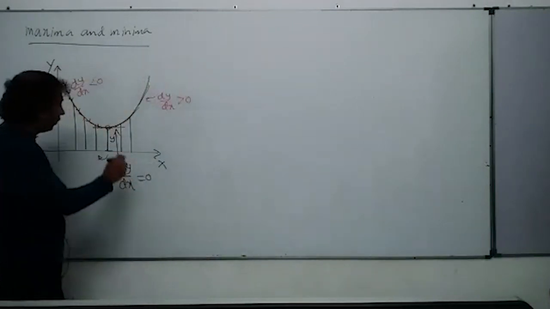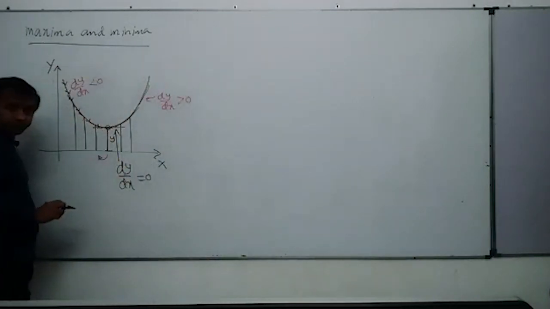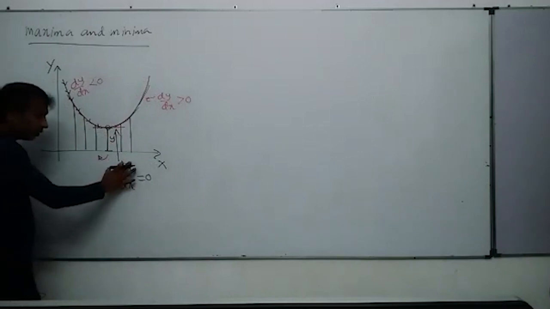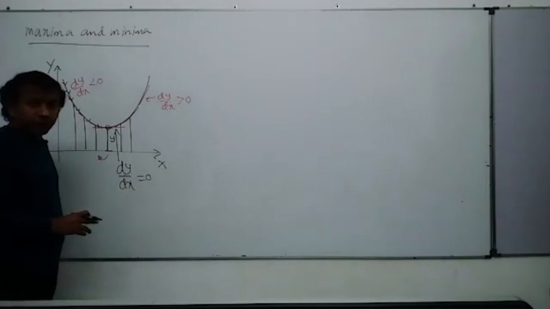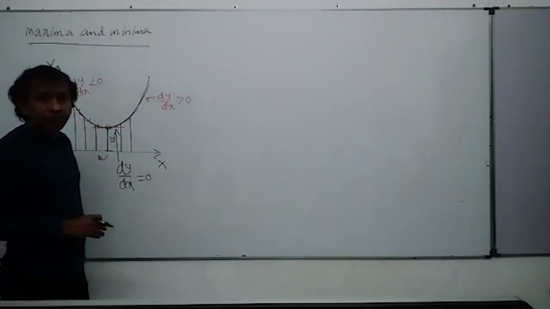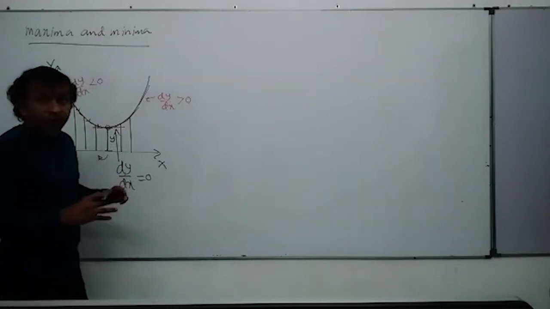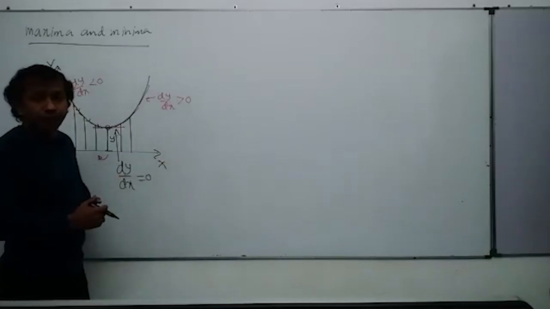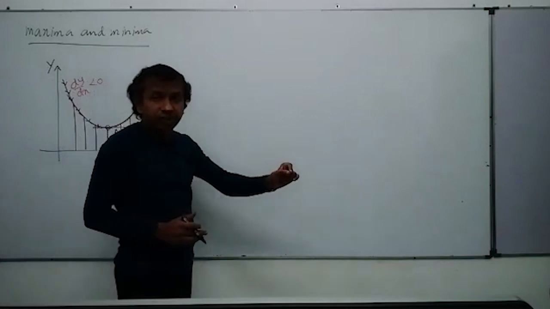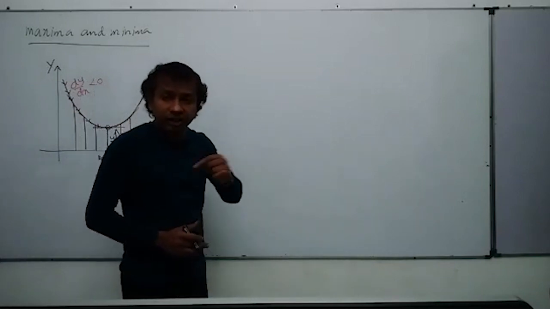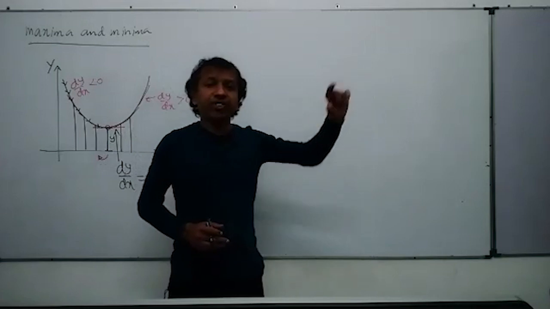This way, people, gradient 0 means, gradient means what, people? Rate of change of y. Then gradient 0 means rate of change of y is 0. That means though x increases or decreases, in other words, x changes, y doesn't change.